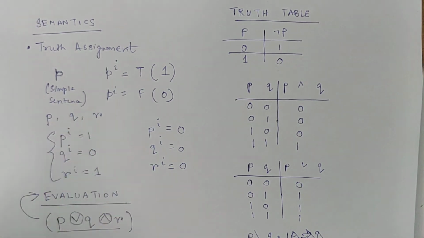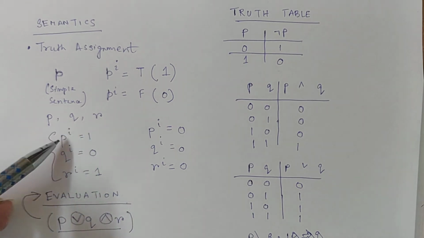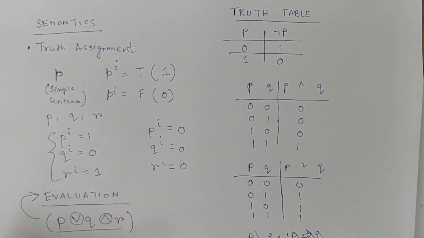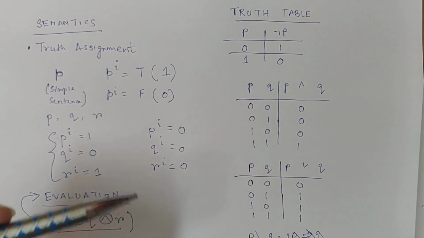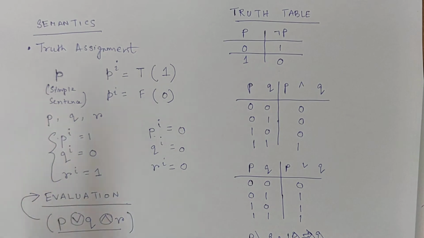Let us assume that we have 3 propositional logic simple sentences, and under one condition of the world they are having these truth value assignments 1, 0, 1. Under a different world condition they are having 0, 0, 0. So these are assigning truth values to the simple sentences.